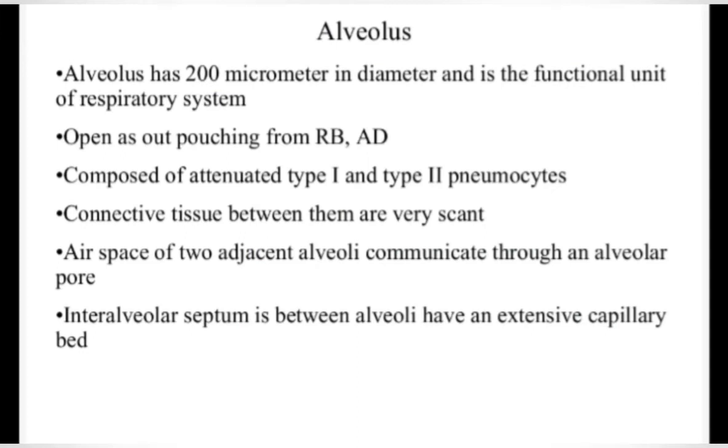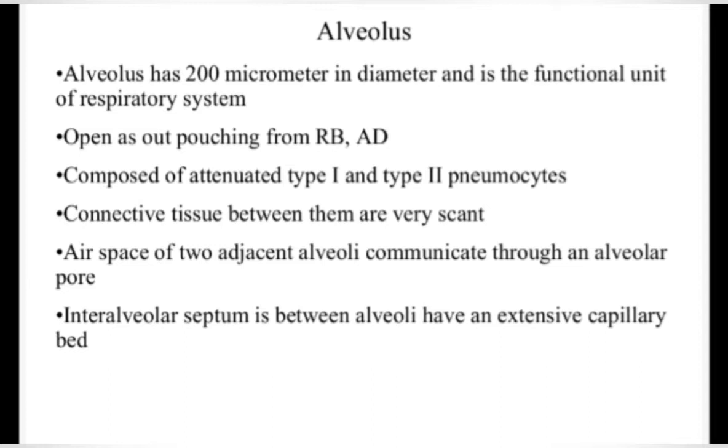Now, what is the alveolus? The alveolus is 200 microns in diameter, and it is the functional unit of the respiratory system. Alveoli are sac-like structures at the end of those alveolar ducts. They are outpocketings of the respiratory bronchiole and the alveolar duct, composed of attenuated type 1 and type 2 pneumocytes.